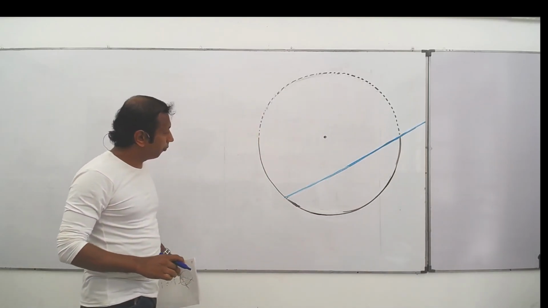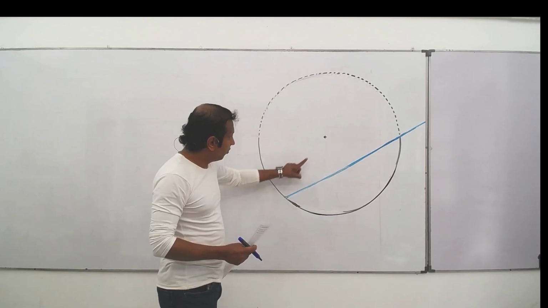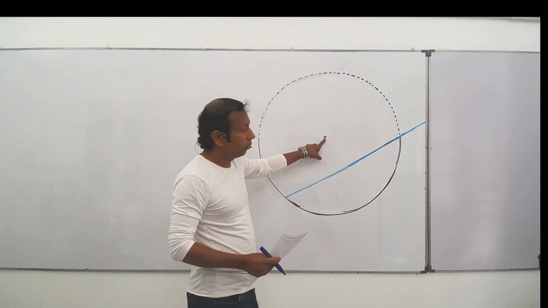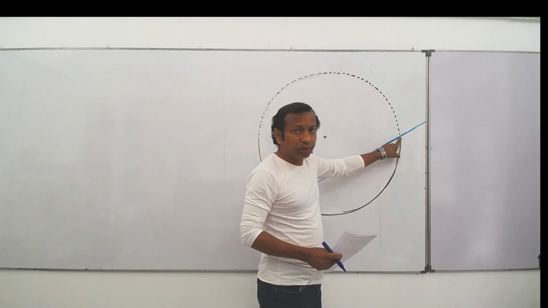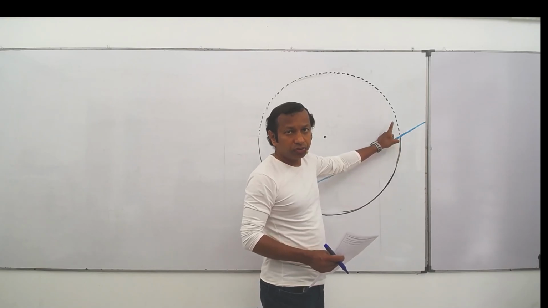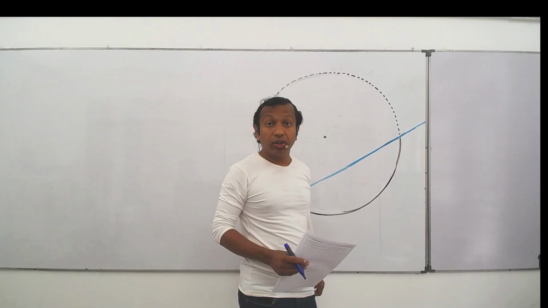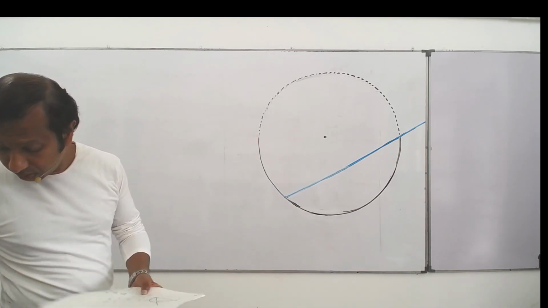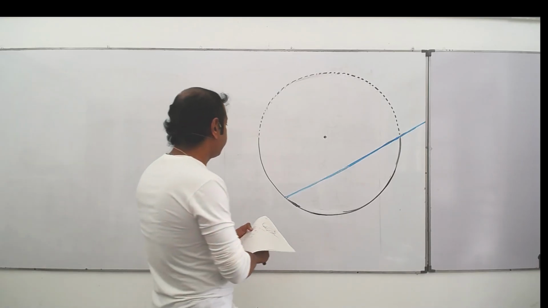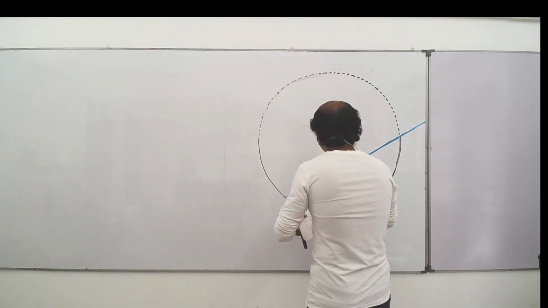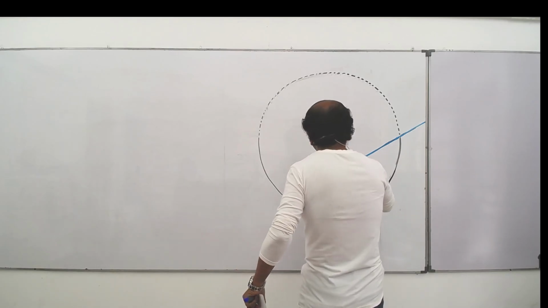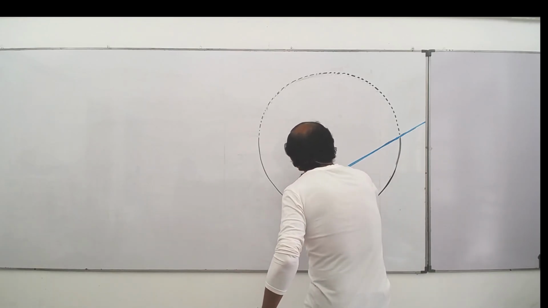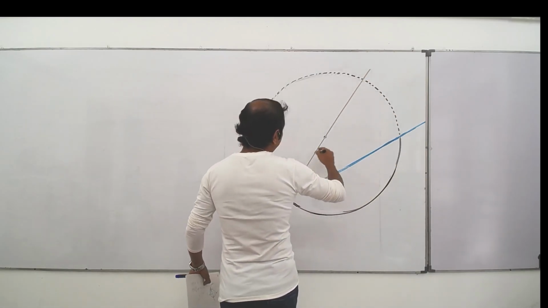Now here the reaction will pass through the center, and here the reaction is perpendicular to the rod. Therefore, they must meet at a point on the circumference of the ball. Okay. Right. So then I draw that. The reaction is this.